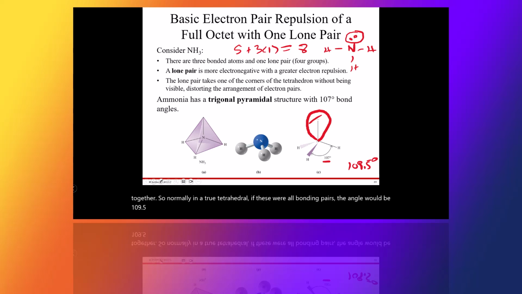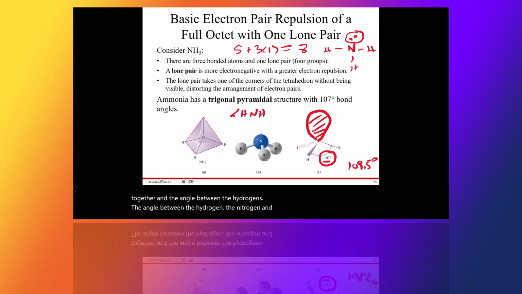But because you have this big repulsive lone pair, it forces the bonding pairs closer together, and the angle between the hydrogen, the nitrogen, and the hydrogen is 107 degrees. A lone pair has a greater electron repulsion. That's what you need to know.